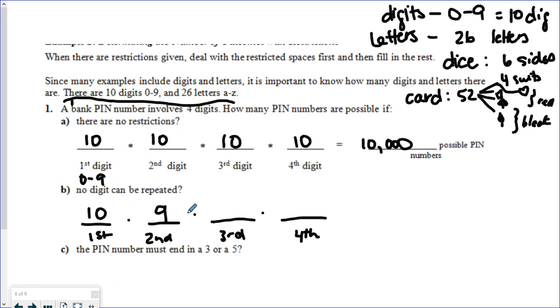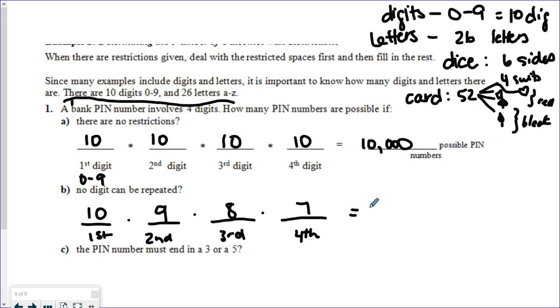copied here. The third, again, we can't have any repeated digits. So whatever I have in the first spot and whatever I have in the second spot can't be in the third spot. So there's 8 possible digits that can be in the third spot, and you're probably seeing the pattern. The fourth can't be the same as the first 3, so there are only 7 digits that can go in that spot.